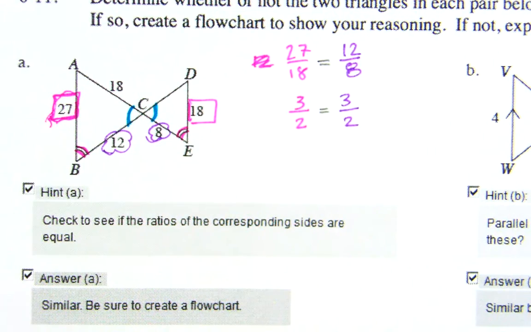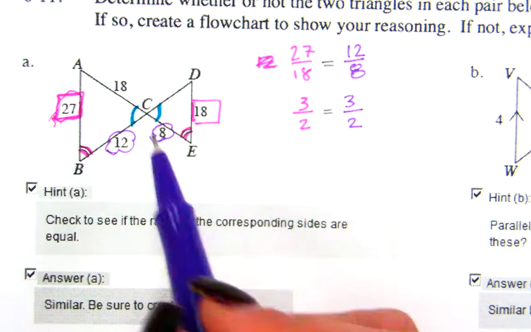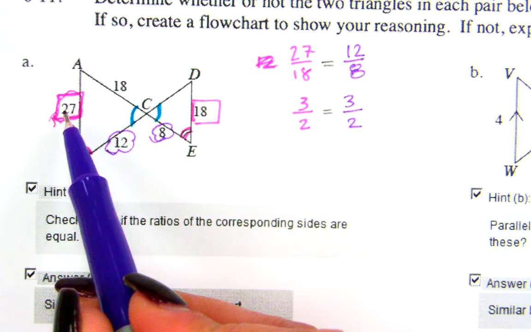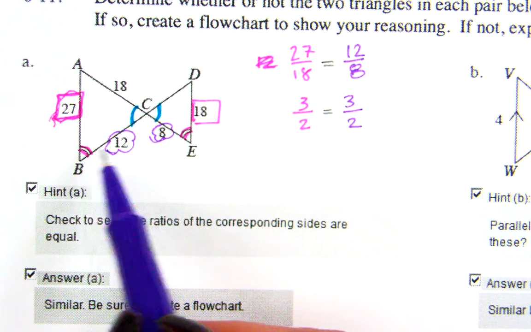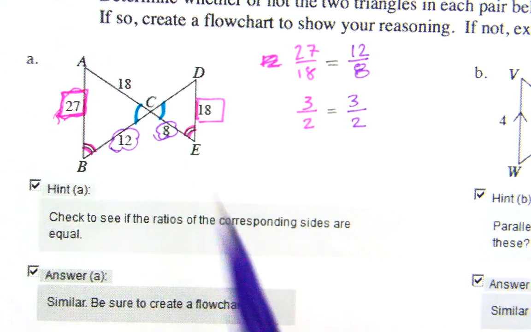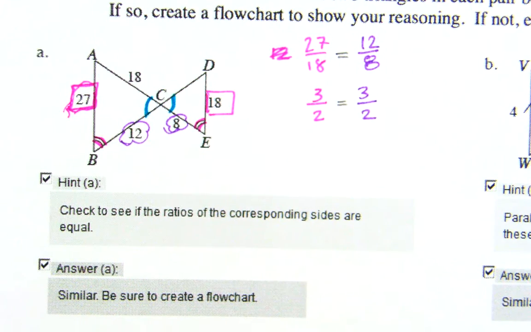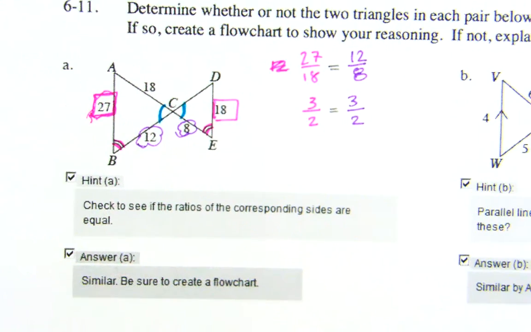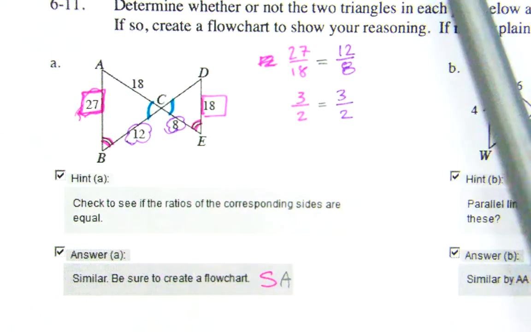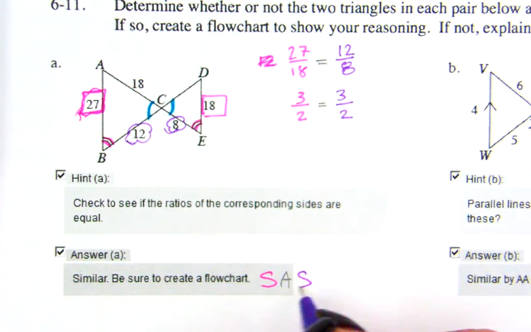So now you know that you can create a side, angle, side similarity between the two triangles: pink side, angle B, and then purple side. So I'm going to make a flowchart for that. This is going to be side, angle, side, similarity.